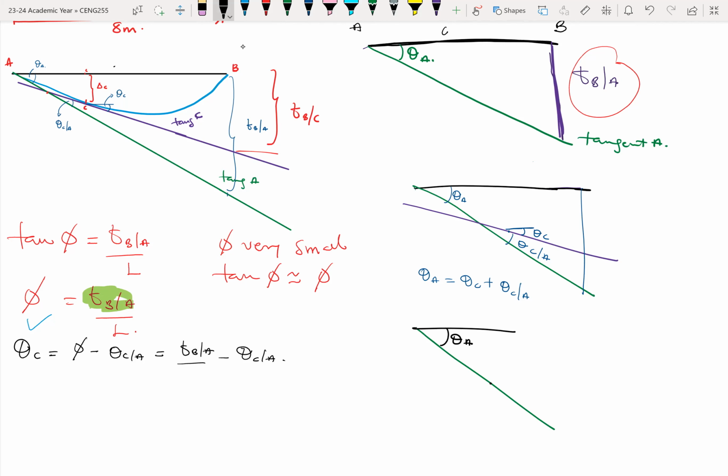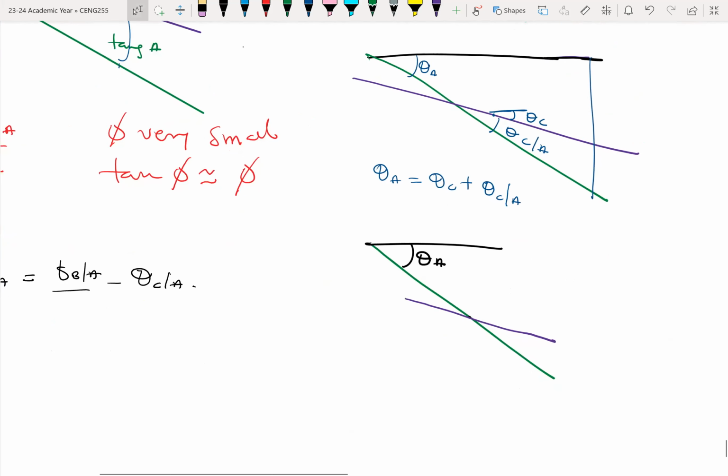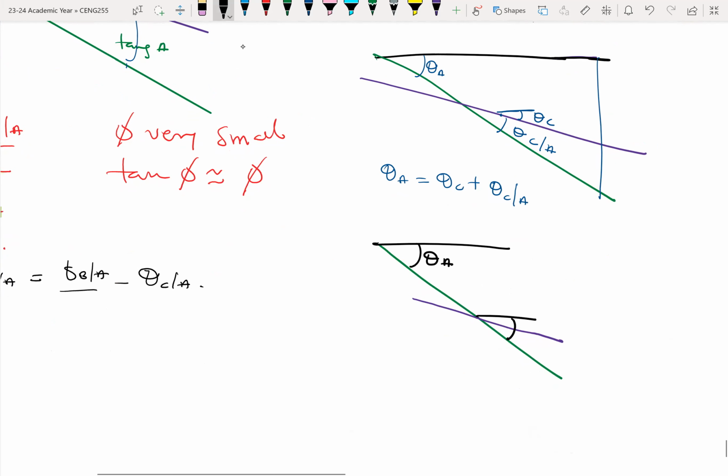So I have a line slanting slightly down. This is great. Okay. So I have this line slanting down. Then I have a horizontal here. Okay. What this means is that whatever angle I have over here, let me call this angle phi.